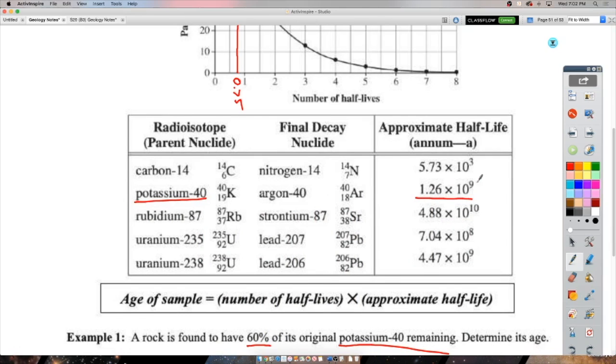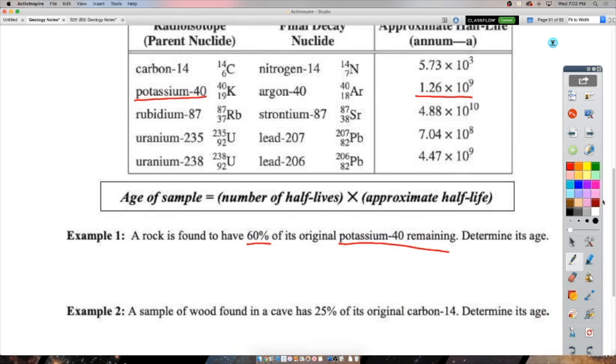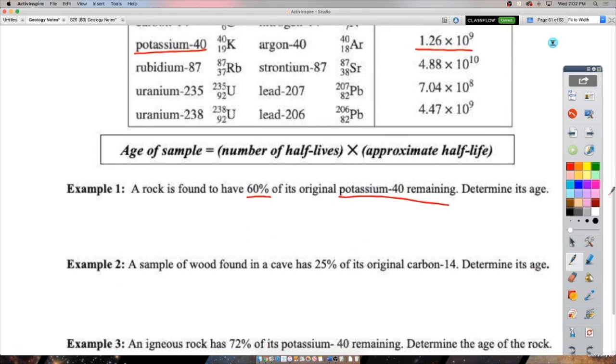The total age is equal to the number of half-lives times how long a half-life is. So the approximate half-life is this, 1.26 times 10 to the power of 9 years. And if 0.75 of them have gone by, well, now we can actually figure out how old this rock is with an absolute number. We can say the age. We don't just have to say it's older than blah, blah, but younger than blah, blah. We can say it's blank years old, okay?